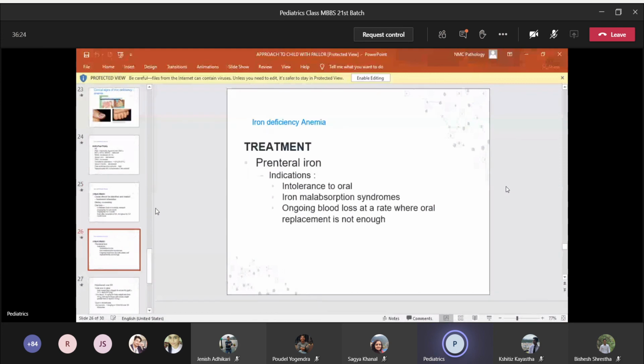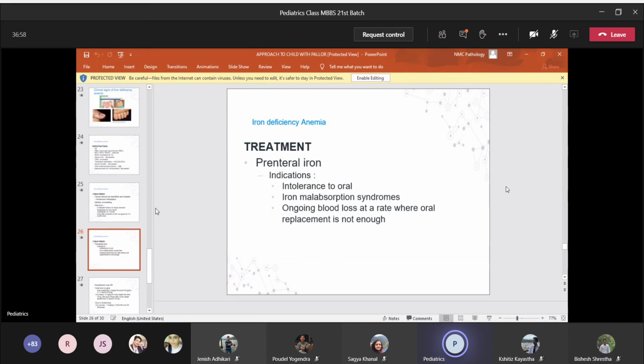Not only oral iron, we can also treat with parenteral iron. What is the indication for parenteral iron? Generally, parenteral iron has many side effects, so we usually prefer oral iron. But the indications for parenteral iron are if the patient has intolerance to oral iron and has severe iron deficiency anemia, then we have to give IV iron.